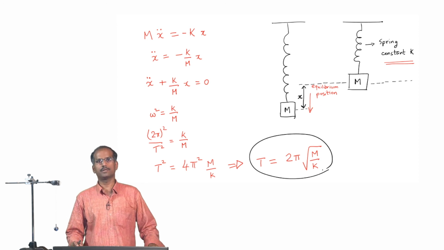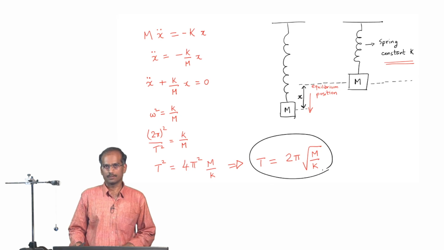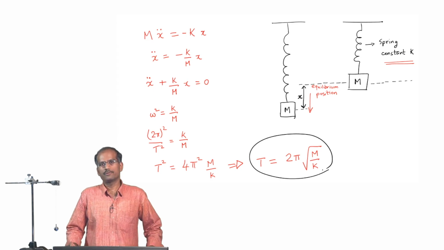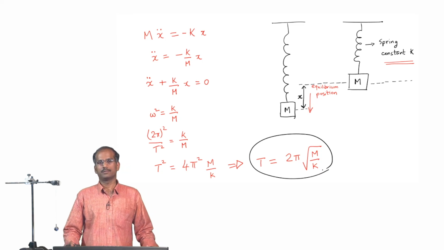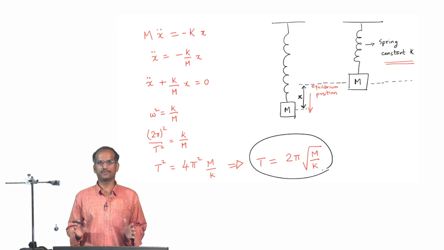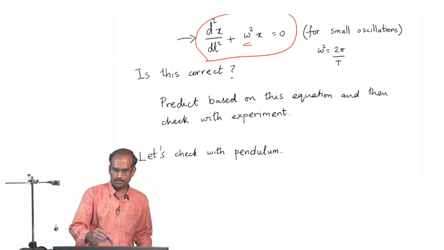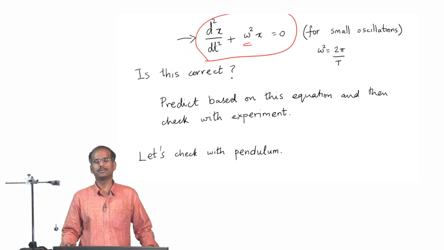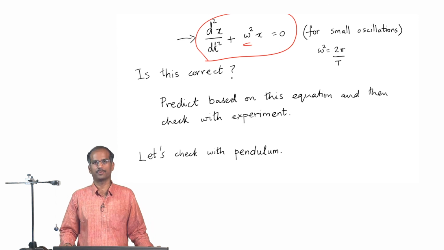To summarize this module, based on the pendulum example that we started with, we made the ansatz that the restoring force is proportional to displacement with the negative sign. That simply is the central physics that we need to learn, and from that we obtain an equation of motion which is shown here, d square x by dt square plus omega square x is equal to 0.